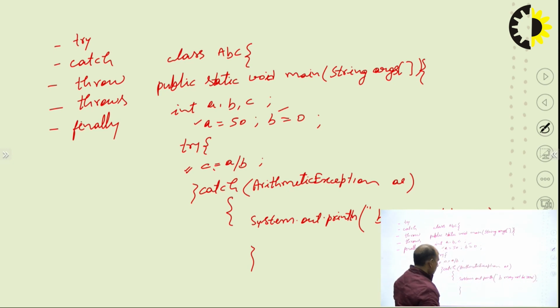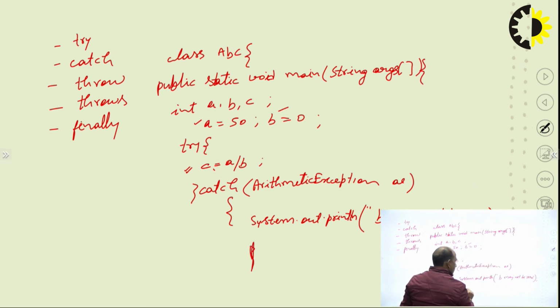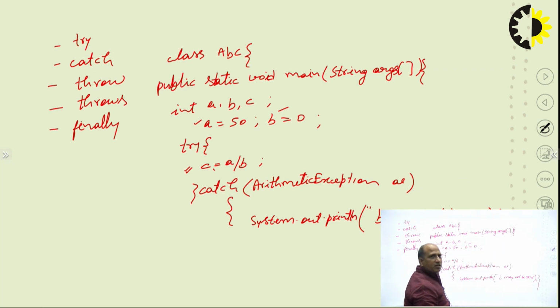So I am closing this bracket, and this curly brace I am putting over here. Whenever this situation arises, where the B value is 0, an arithmetic exception type object will be thrown, and it will be caught in this catch block and come into the A variable.